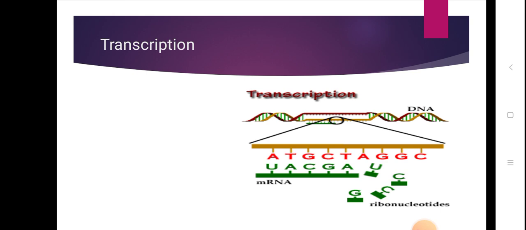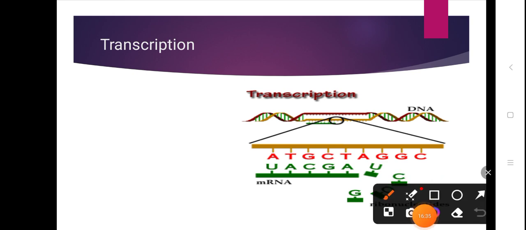As we said before, DNA contains 4 types of nitrogenous bases, which are what? Adenine, guanine, cytosine, and thymine. They are found where? In DNA, okay? And each one has its complementary one.